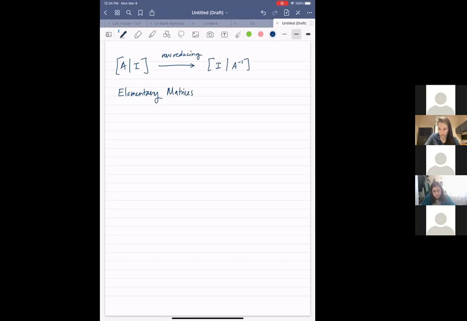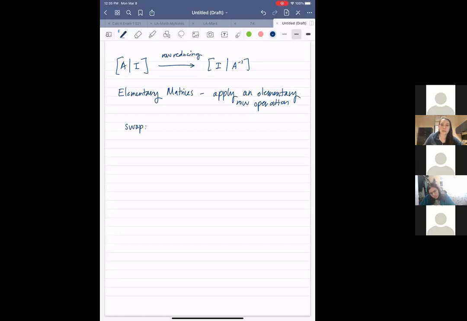When we multiply a matrix by an elementary matrix, what it does is it applies an elementary row operation. We have three elementary row operations, so let's look at what those matrices would look like.